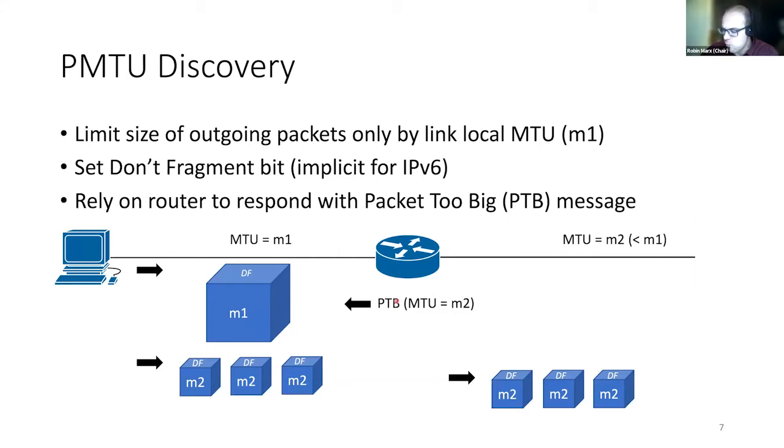This triggers the router that would fragment the packet to drop the packet instead, and to respond with the packet-too-big message reporting the MTU of the following link. And with this information, the sender can reduce the size of its outgoing packets such that the router can forward the packet. This might repeat with another router on the path to the destination, but eventually we will find the PMTU.